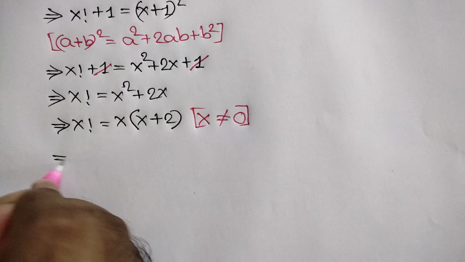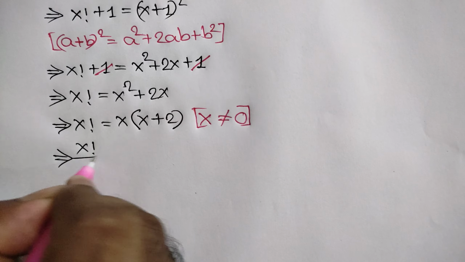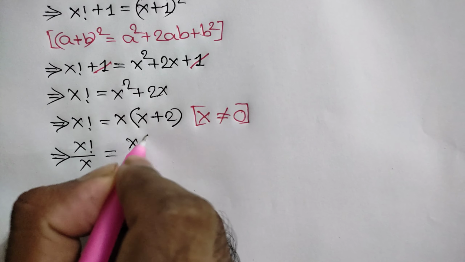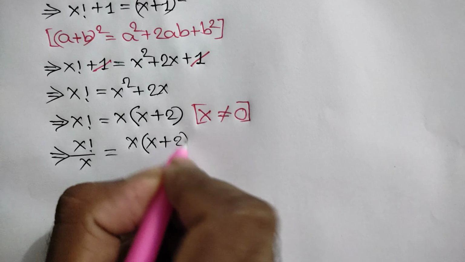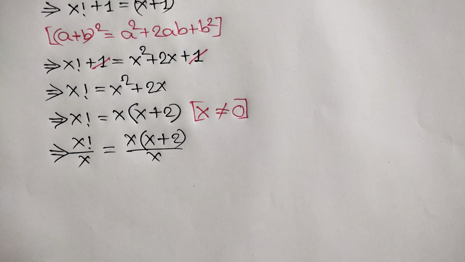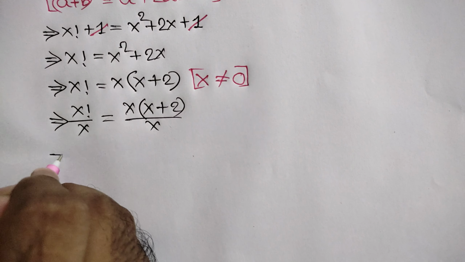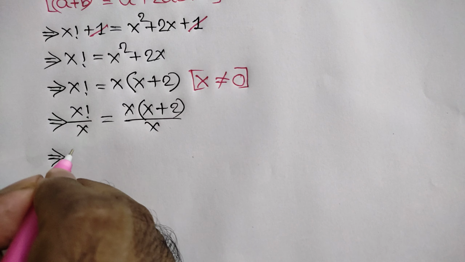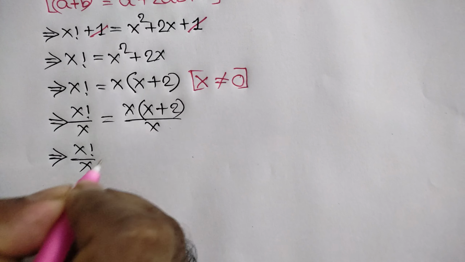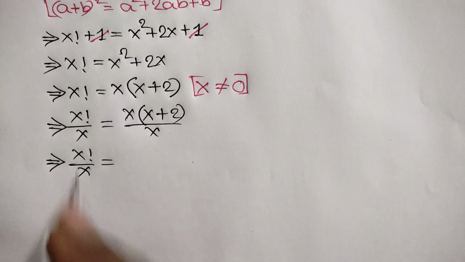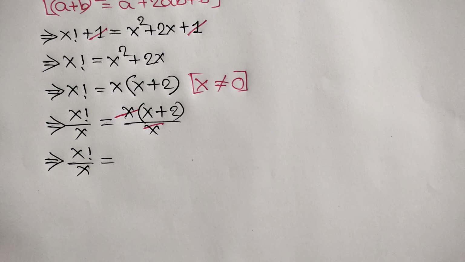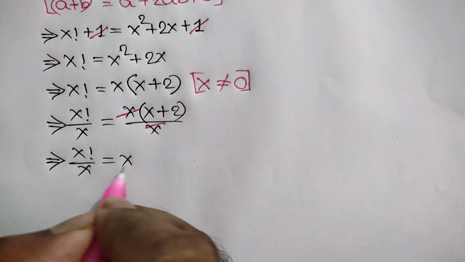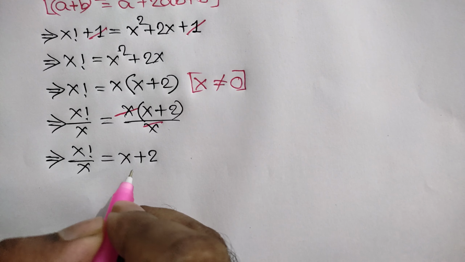We can write x factorial over x is equal to x times x plus 2 over x. Or x factorial over x is equal to, this x cancels out this x, so here we will get x plus 2.